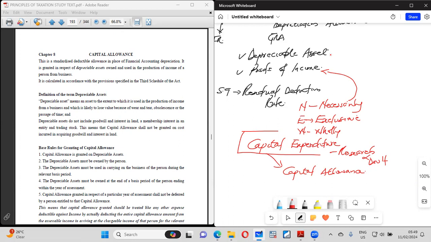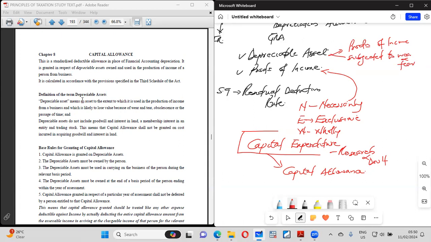Now, when we talk about a depreciable asset, we are talking about an asset that is used in the production of income, or used in your business process, and is subjected to wear and tear, or obsolescence. All right, so that is what a depreciable asset means.